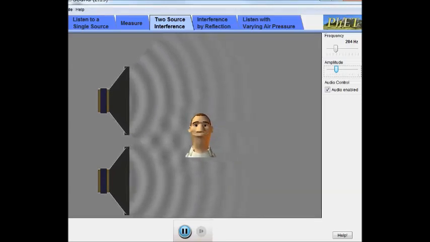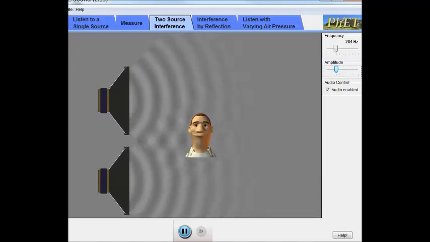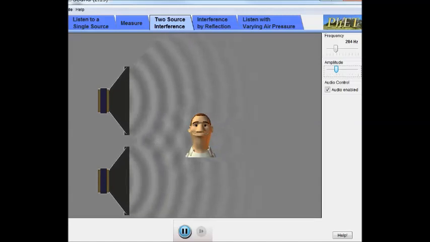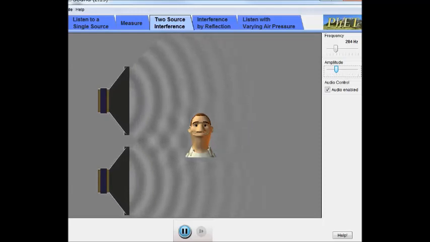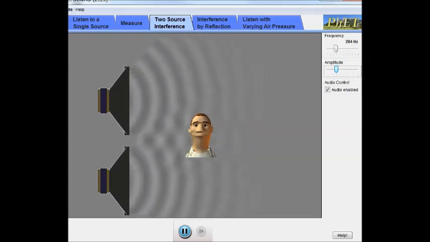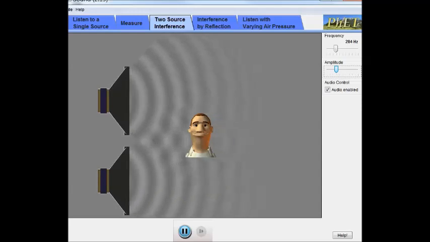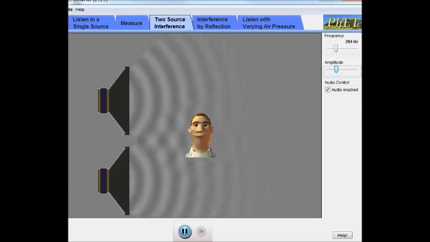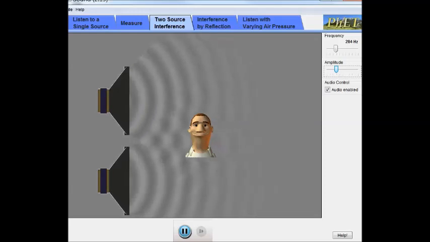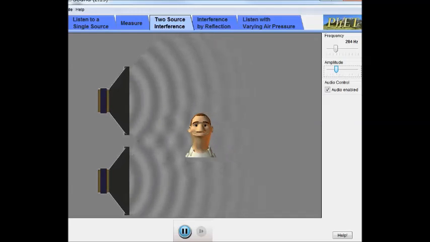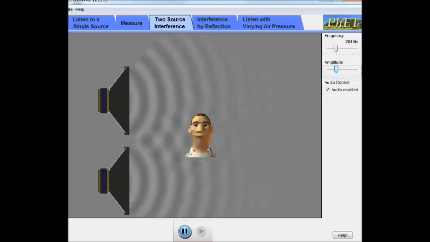In this spot, there's barely any sound because the two waves are canceling each other out. That means a crest is matching up with the trough of the other. So the two waves have a high point and a low point meeting at the same time, and they cancel each other out, and you get a flat line.